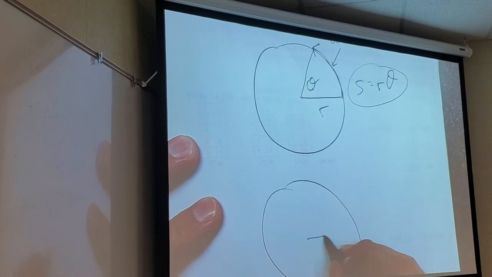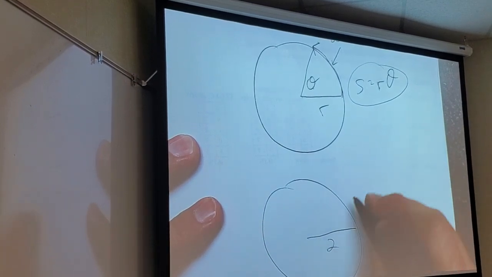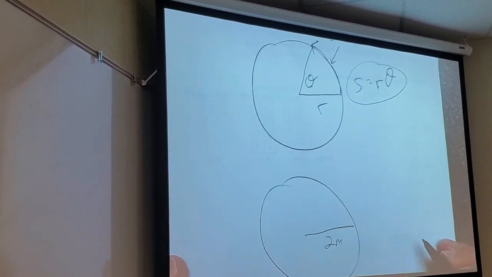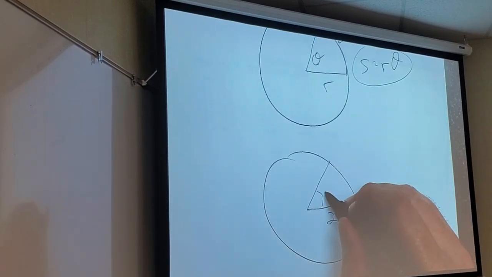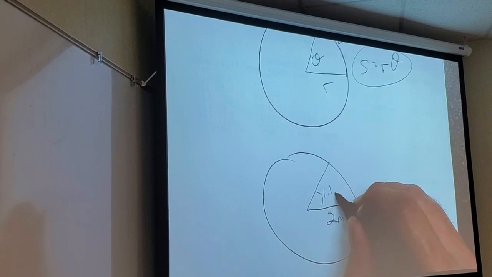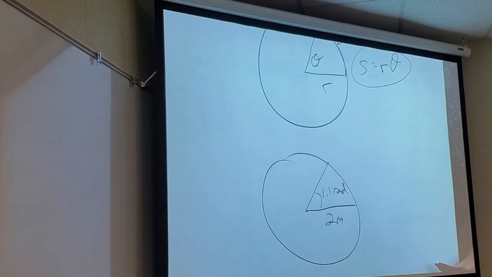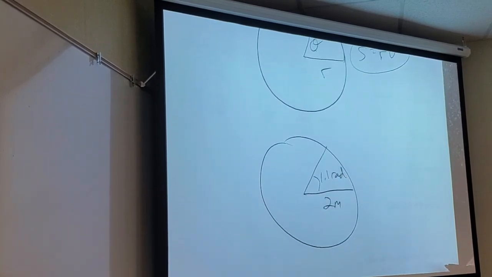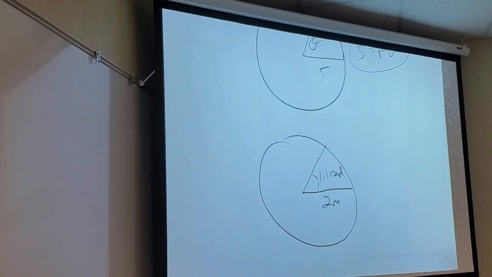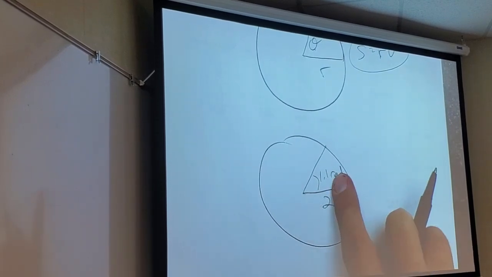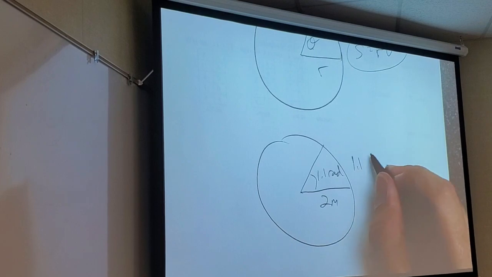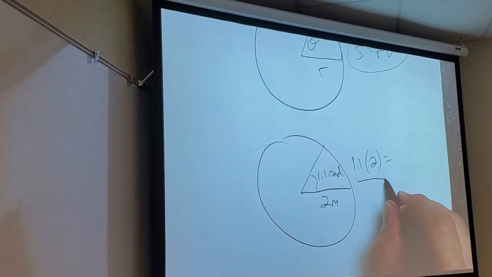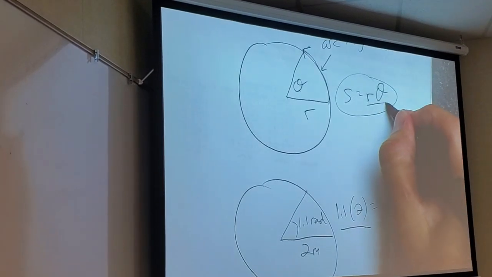So again, if I know the radius is 2 meters, and I go through an angle of 1.1 radians, I want this to make physical sense. 1.1 radians means 1.1 radii. So 1.1 of these. So of course I multiply, correct? Isn't that exactly what the formula says to do? Yes.